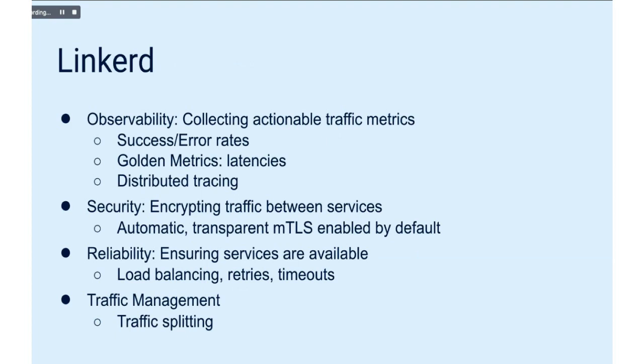And finally, we talk about traffic management when we talk about the tenets of a service mesh. For Linkerd, that means using traffic splitting to route traffic to different versions of a service.